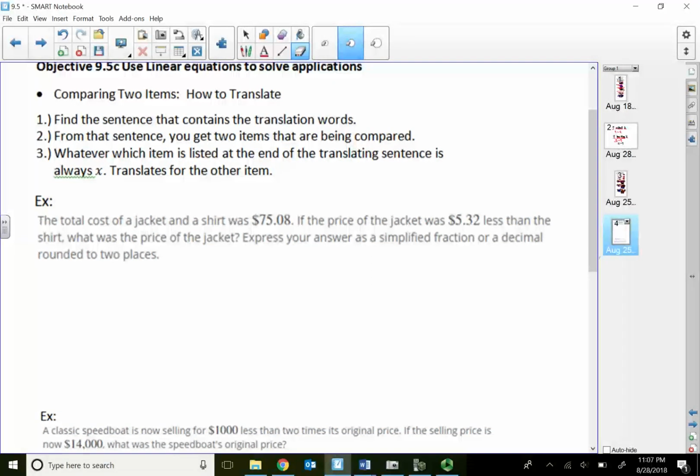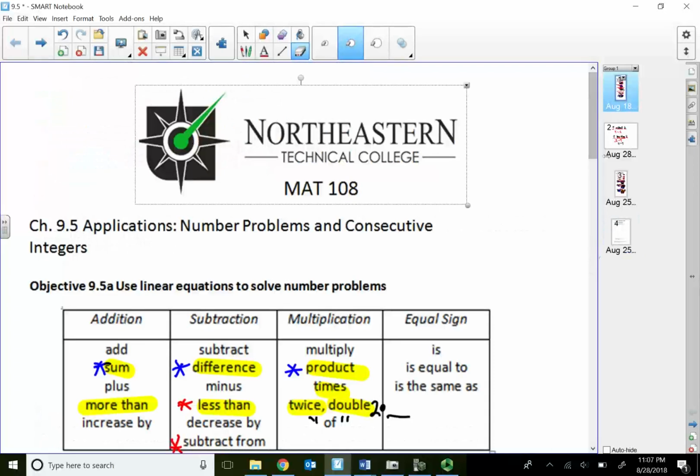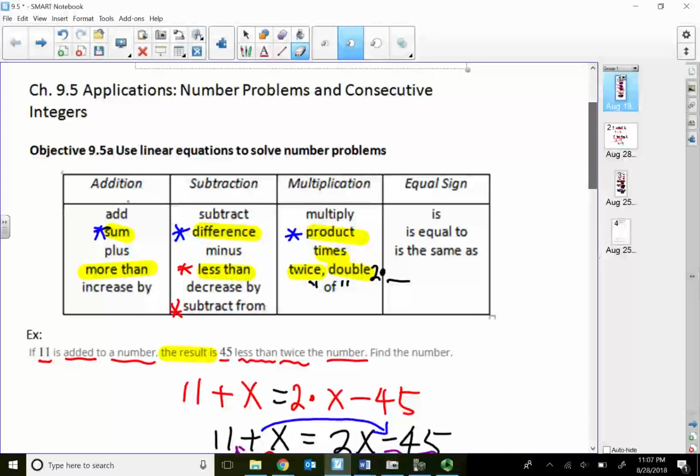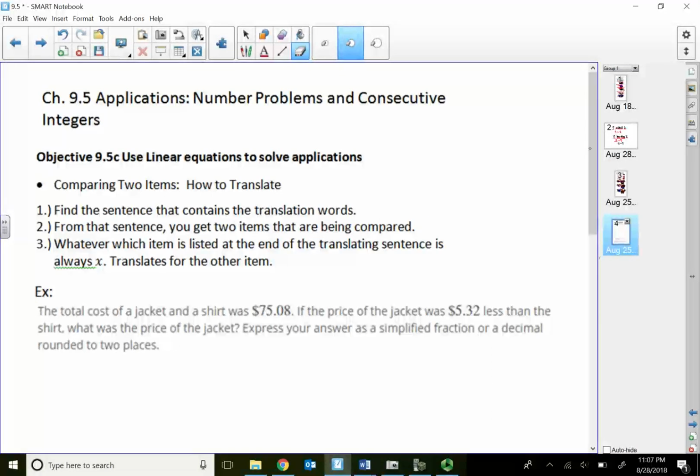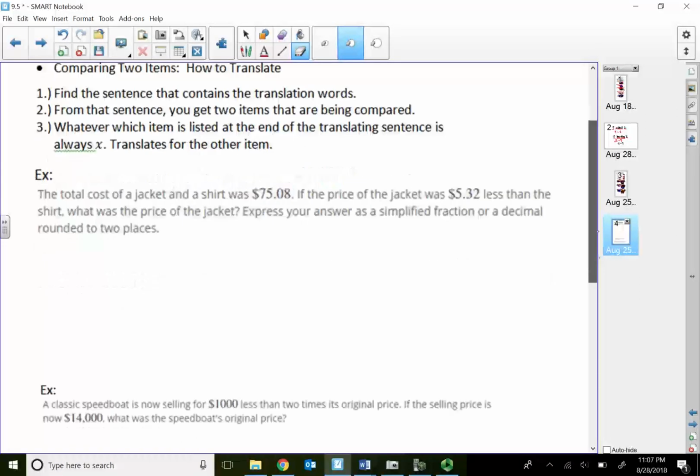So the first thing you do is to find the sentence or phrase that contains the translation words. What are they? The translation words that we're looking for are what I call the operation words: the sum, the more than, less than, product, times. Words that translate into some sort of operation.